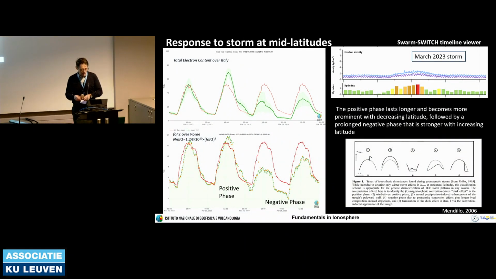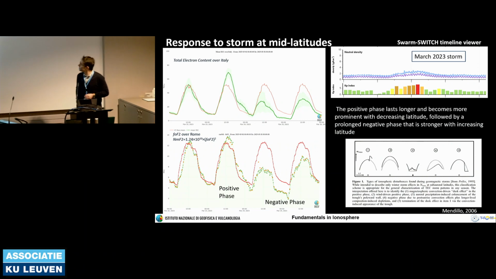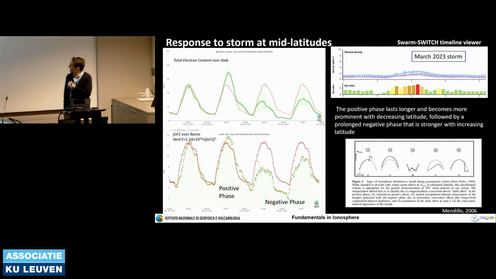What about the mid-latitude ionosphere? The most striking effect at mid-latitude is the so-called positive and negative phases of ionospheric storms.